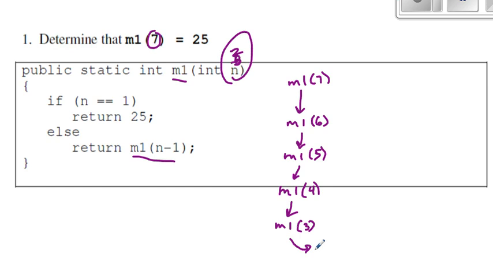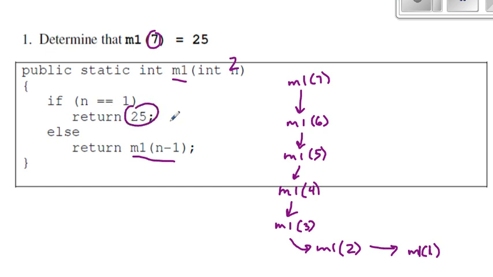I'm running out of space here. I call on it and I send it 2. So now N is 2. It's not 1, so I call on it again, with the number 1. And now I get my base case, which is 25, and it returns 25.